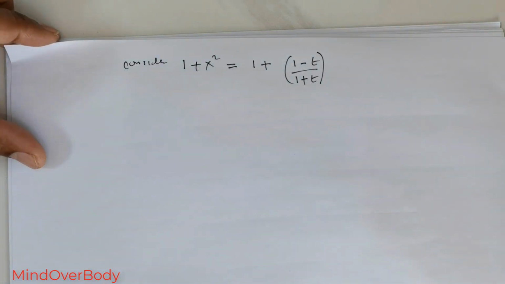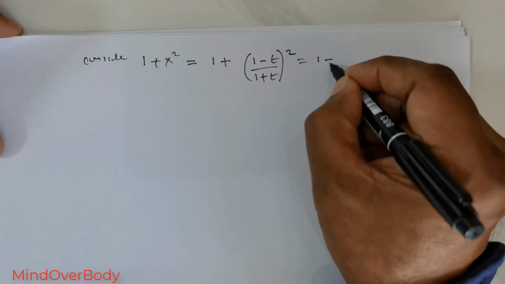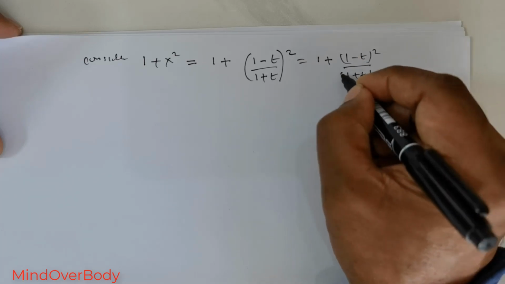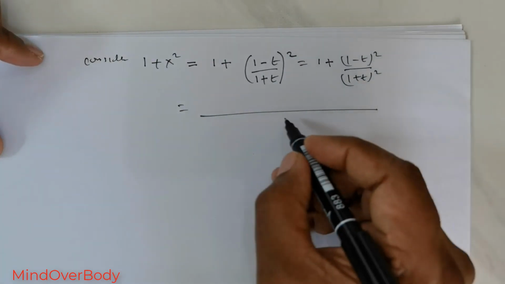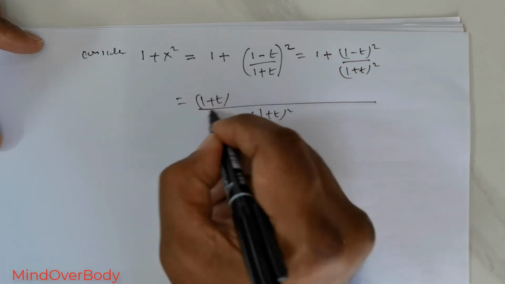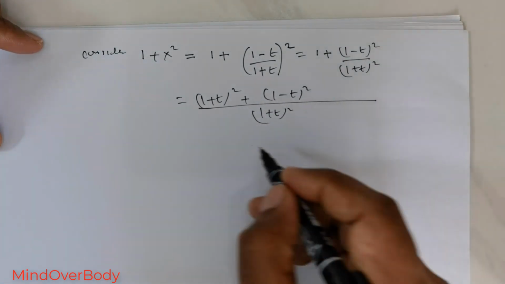Okay, so now what we need to do is simplify the quantities. So this is raised to the power of 2. I can rewrite this as 1 + (1 − t)² divided by (1 + t)². Right, so you take the LCM, you get (1 + t)². This is (1 + t)² + (1 − t)².